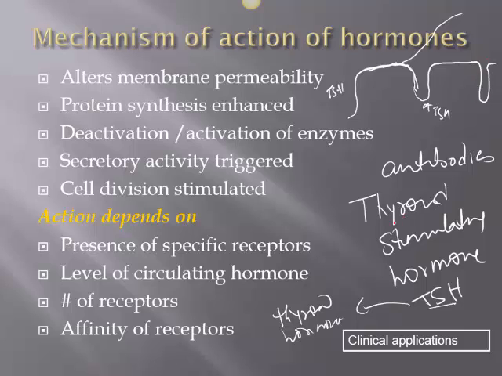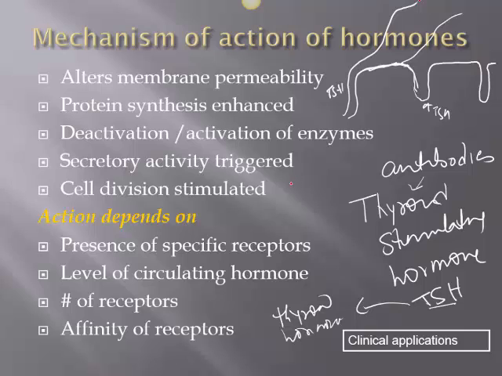These autoantibodies, or antibodies against the gland, resemble thyroid stimulating hormone, but they are not affected by that on-off switch. So with the result, they constantly stimulate the thyroid gland. When they keep stimulating the thyroid gland, the thyroid hormone level goes on increasing. It keeps going up and up and up.